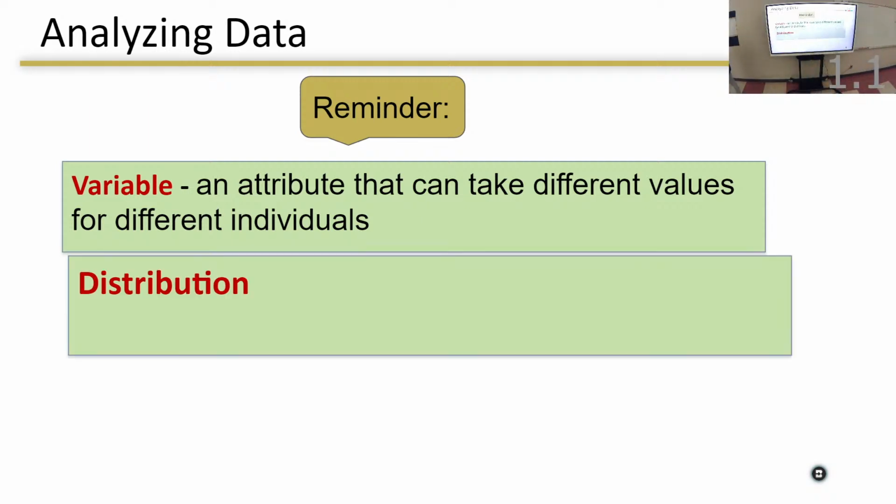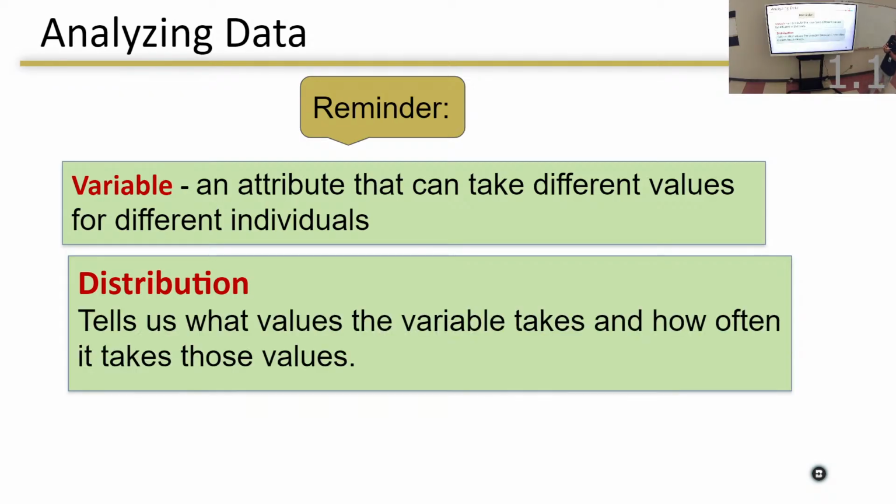Distribution. That is a word that's probably used more than anything else. I will bet you whatever I have on the AP test is going to say somewhere, describe the distribution. I guarantee it. Distribution tells us what the variable is and how often it takes it.